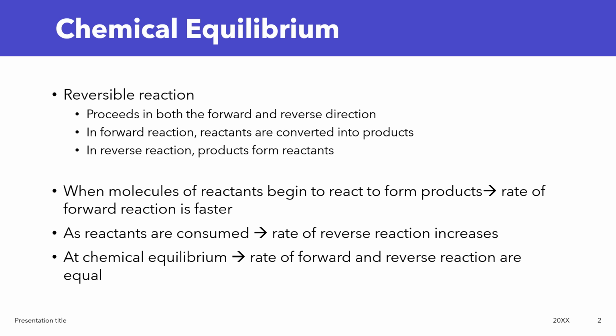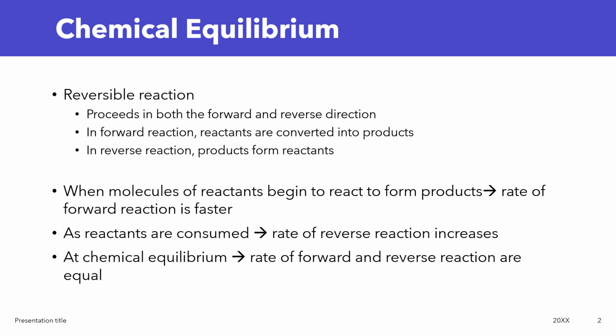Okay, so when the molecules of the reactant begin to react to form products, the rate of the forward reaction is faster. But then as the reactants get consumed, the rate of the forward reaction starts to decrease, and the rate of the reverse reaction starts to increase.